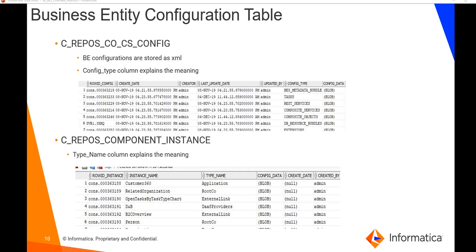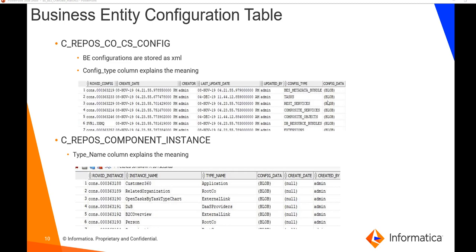Few tips around the business entity configurations. We do support backend XML modification. Suppose right now you find a use case where in the UI you cannot make that change because the UI does not have that capability. In certain scenarios, we do allow backend modification.